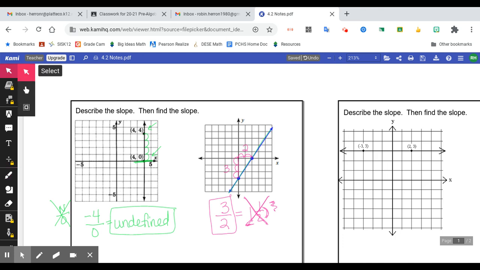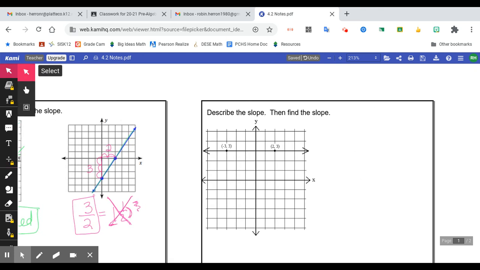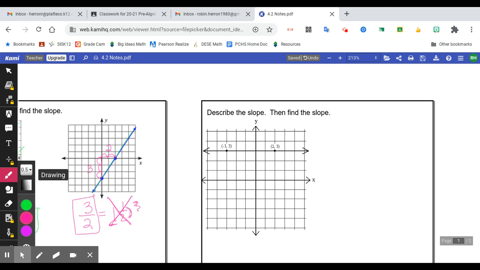Next one on the right. This would be like a flat driveway, so hopefully you're thinking of it already. But if I say rise over run, and I need to get from this point to this point, I can't go up or down. So that would be 0 for my rise.